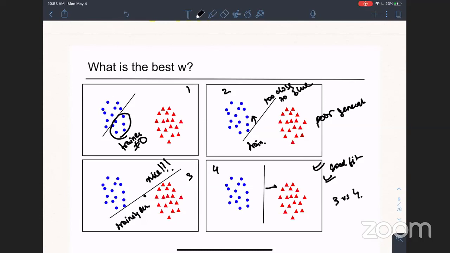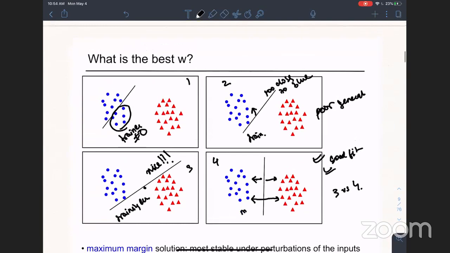So you are giving some free space around this line. Basically what we're trying to do is maximize the distance between these 2 classes, right? So it's basically trying to say we're trying to maximize the margin, right?